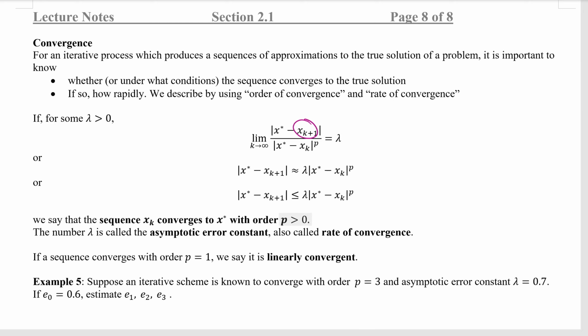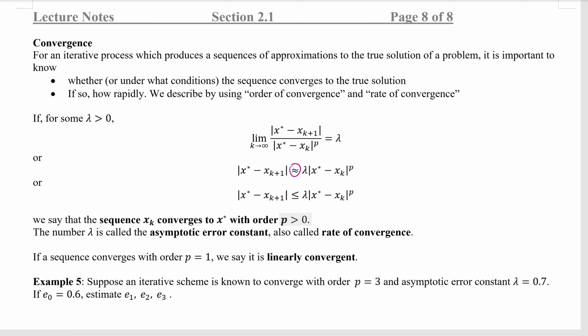Okay, so if this quantity, the true value minus the approximation in the k steps, to the power of p, equals lambda, it's the same as, because when k goes to infinity, we can multiply both sides by the absolute value of the true value minus xk to the power of p.